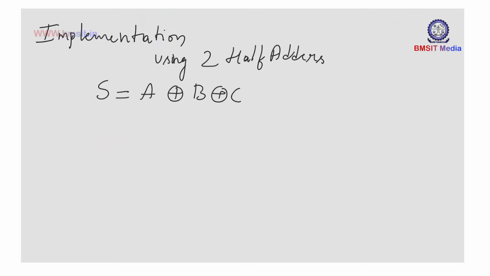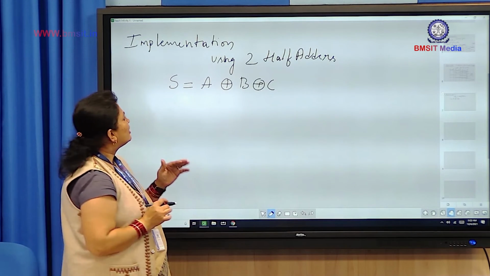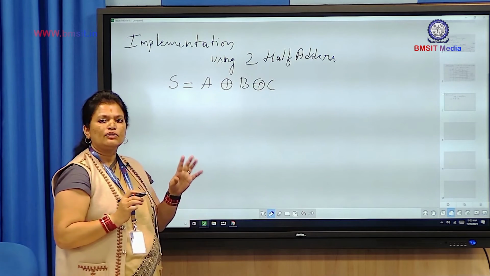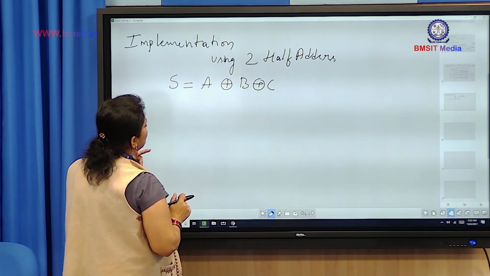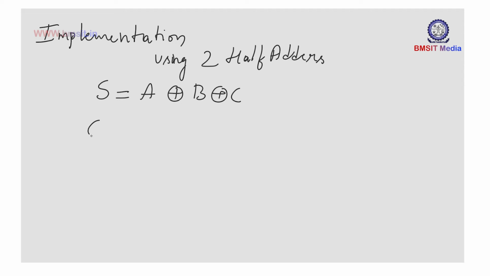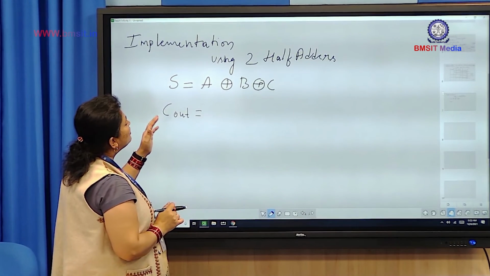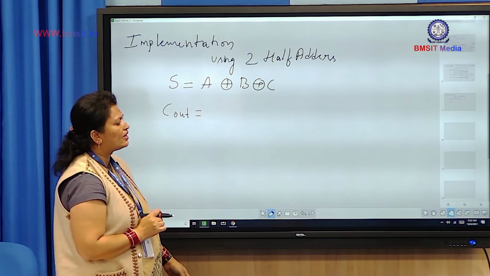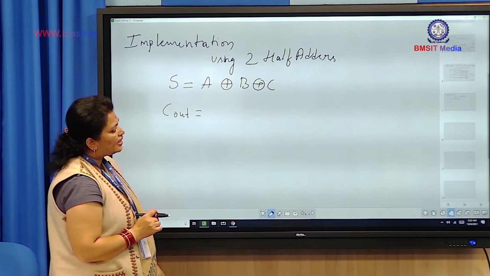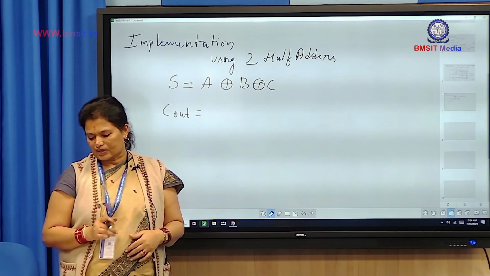But when you are implementing full adder using 2 half adders, the simplified version of C out cannot be used. So here we are going to write the C out expression in a different way in order to suit the implementation of full adder using 2 half adders. So let me just rewrite this expression for C out and simplify in another way.